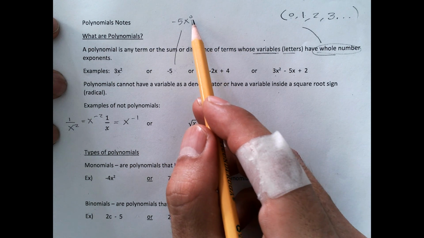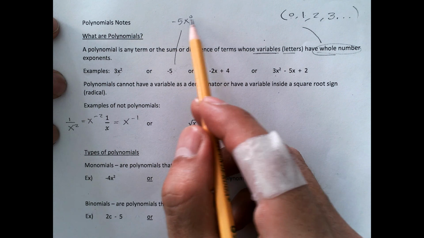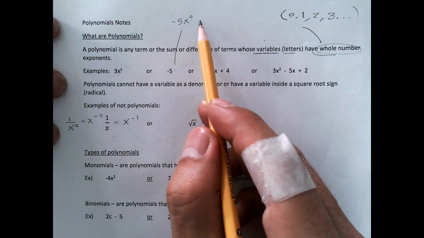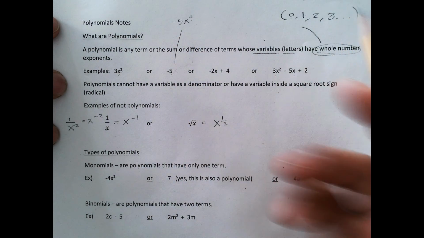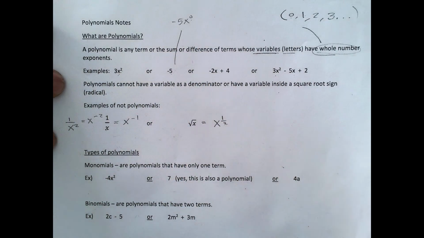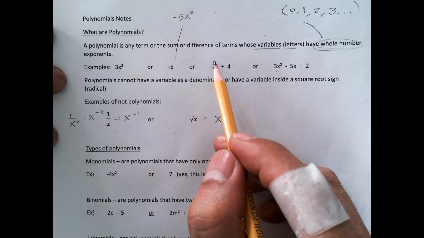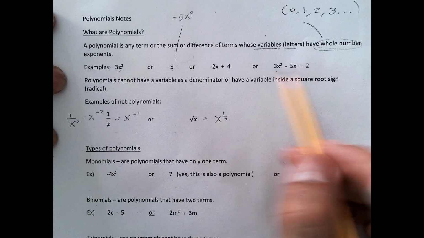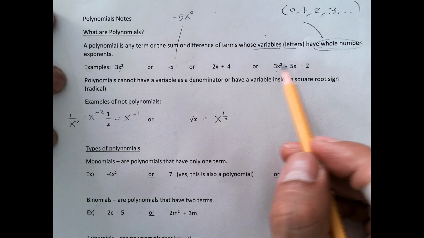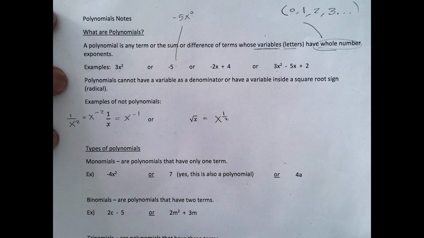And we know from the past that the exponent 0 is equal to 1, and so -5 times 1 is just back to -5. That's why. -2x plus 4, this has an exponent of 1, so that's a polynomial definitely. And this last example is a polynomial because all the exponents on the variable x are whole numbers.